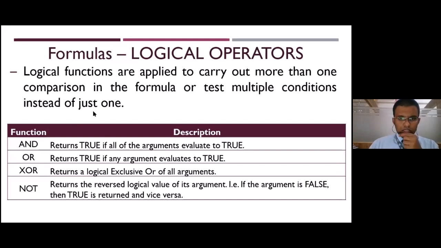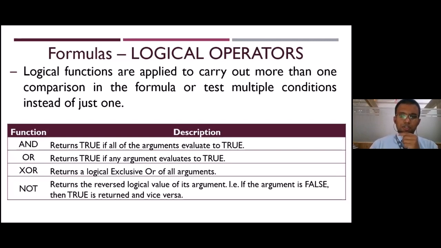Like what I was explaining, in MS Excel we have predominantly four major logical operators: AND, OR, XOR, NOT. As a part of this FDP session, we will be covering only two of these logical operators.